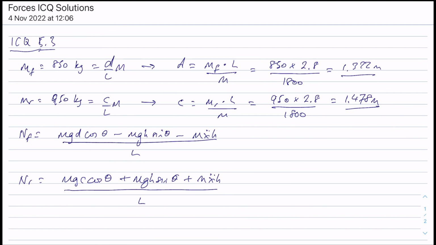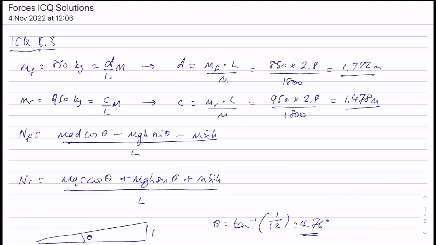So again, on the angle, we've got 1 in 12. So theta is going to be the inverse tangent of opposite over adjacent. So 1 divided by 12, and that comes out to be 4.76 degrees. Okay, so let's put that in there.